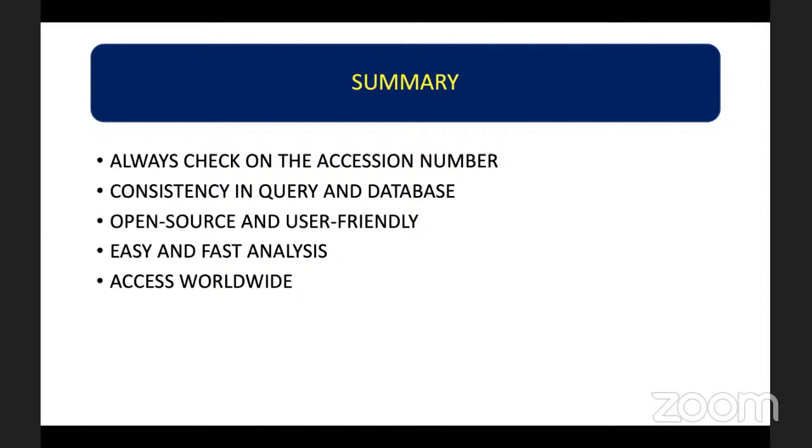But the BLAST software can prompt you right away if you're using the right setting. BLAST software is open source, meaning it's free and user friendly. It's very easy to use. It's a copy paste method.